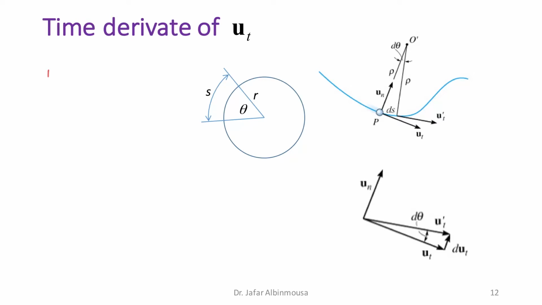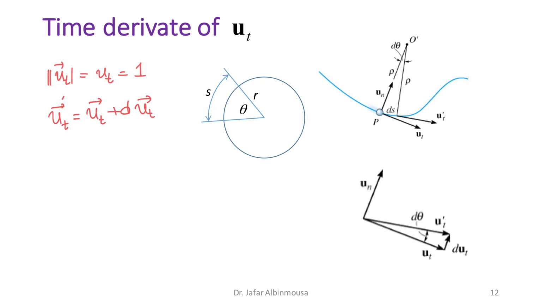So the magnitude of the ut unit vector is equal to 1. It's a unit vector; the magnitude of a unit vector is always 1. And also, if we sum up the vectors in this graph, then we have ut prime equal to ut plus dut.